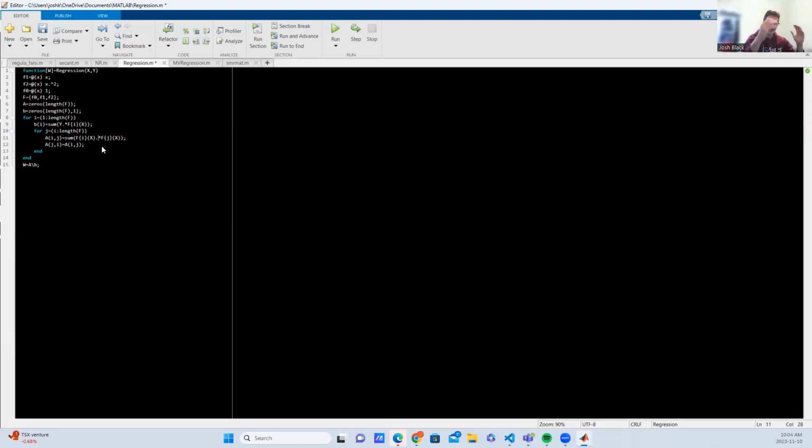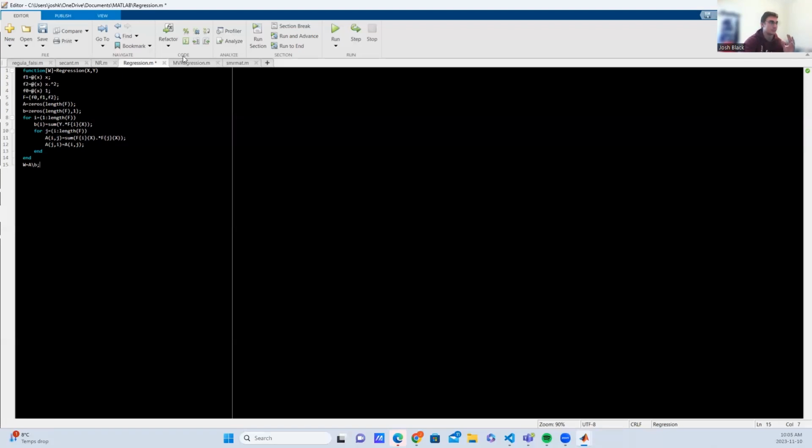We don't want to try to do matrix multiplication. So this is why we add that dot. From there, we made A(J,I) equal to A(I,J), remember, because it's symmetrical. So (2,1) will be equal to (1,2), and so on and so forth. We end, and then we create our weights vector by just solving that system using the / command.